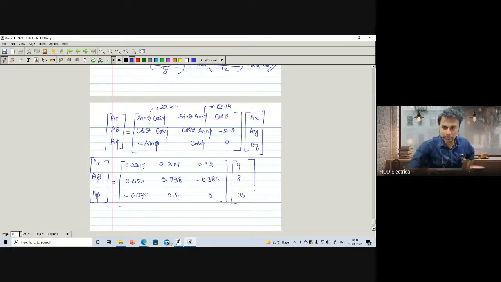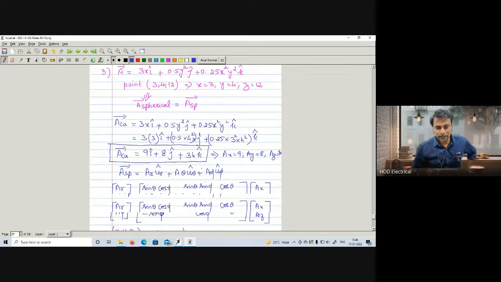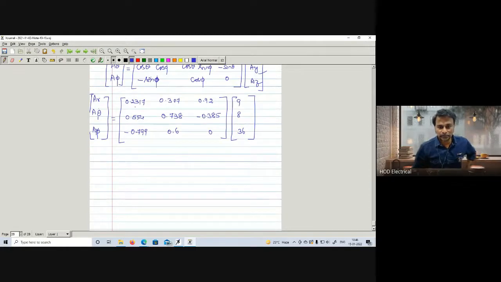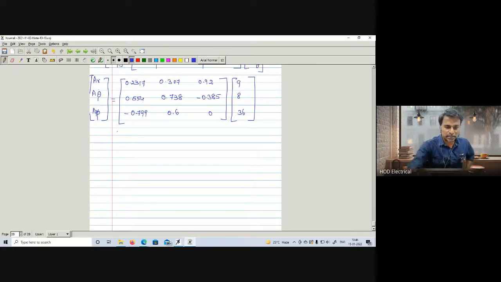This is what we have done already, A_x, A_y, A_z. If you do this, finally, multiply this row with this column for A_r, this row with this column for A_theta, and this row with this column for A_phi.